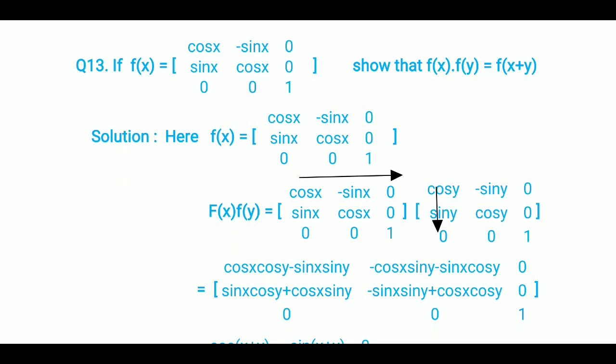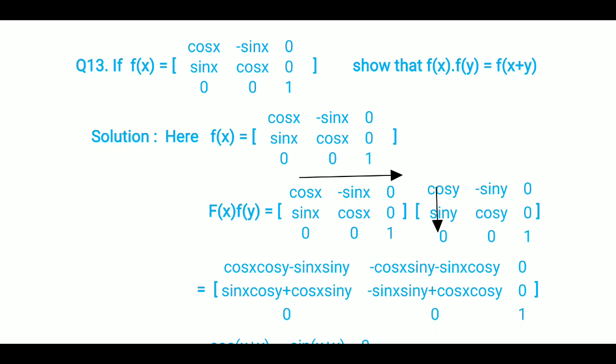Similarly, first row will be multiplied correspondingly with the second column of post matrix. That becomes cos x into minus sin y, minus sin x cos y, plus 0. That becomes minus cos x sin y minus sin x cos y.